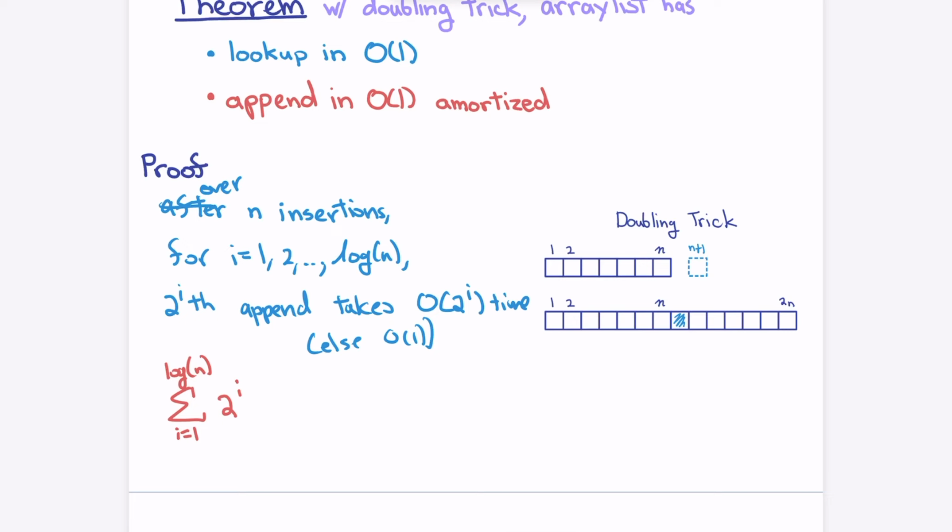Yeah, so now we just need to sum this up, right? What is this sum? Yeah, 1 plus 2 plus 4 plus 8 plus 16 plus 32. It's always going to be within a factor 2 of the largest.